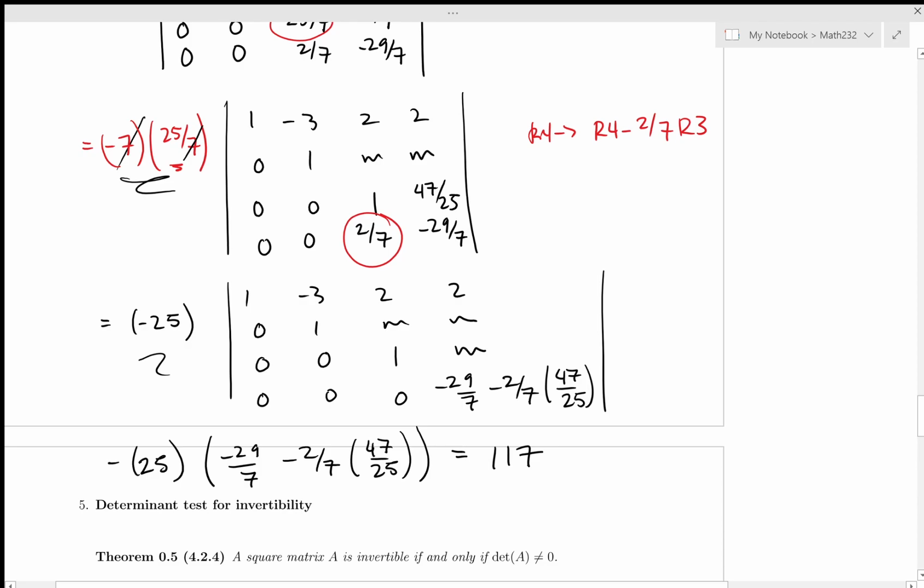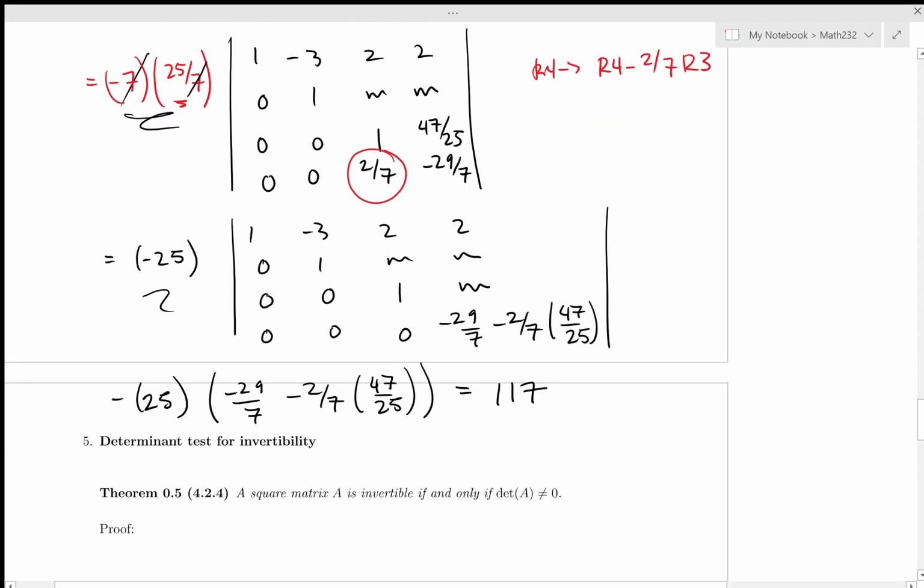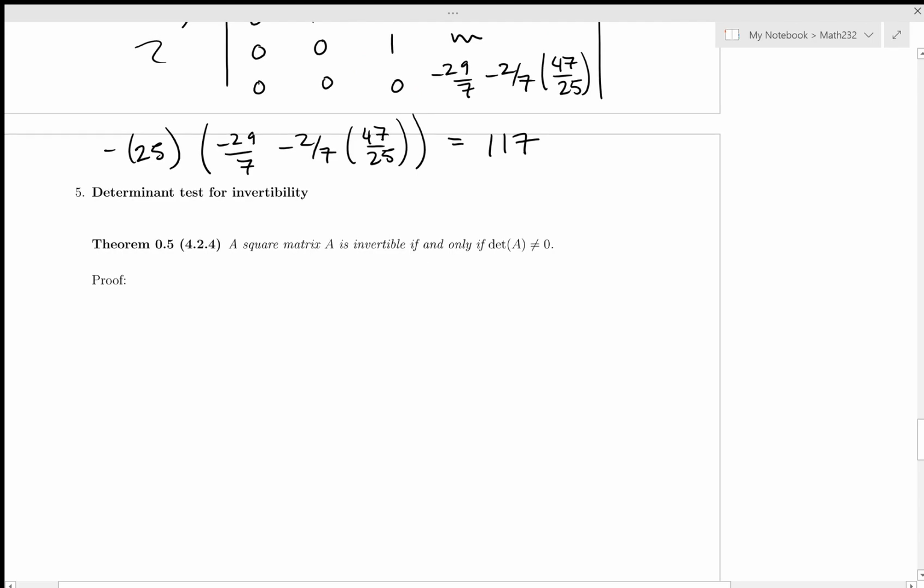The other way I used a combination of doing some row and column operations. We don't do column operations in Gaussian elimination, and then sometimes using cofactor expansion. So choose wisely. It's kind of like how you want to choose your parents. Choose wisely.